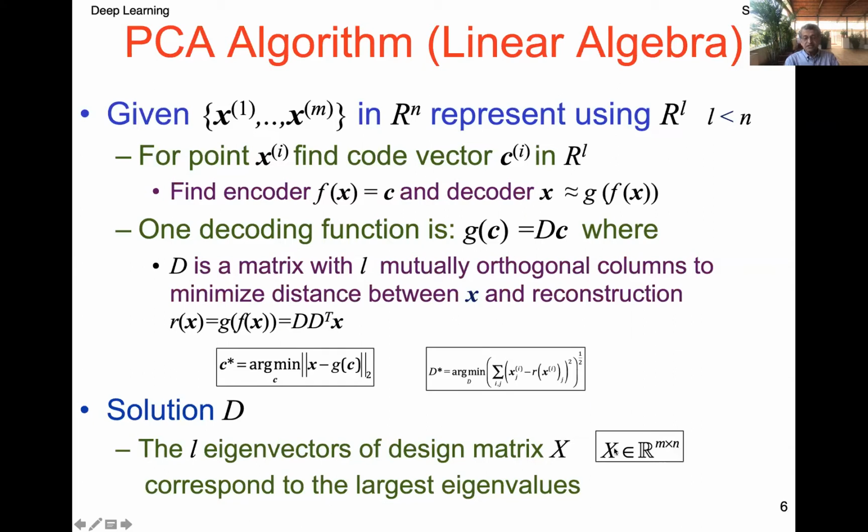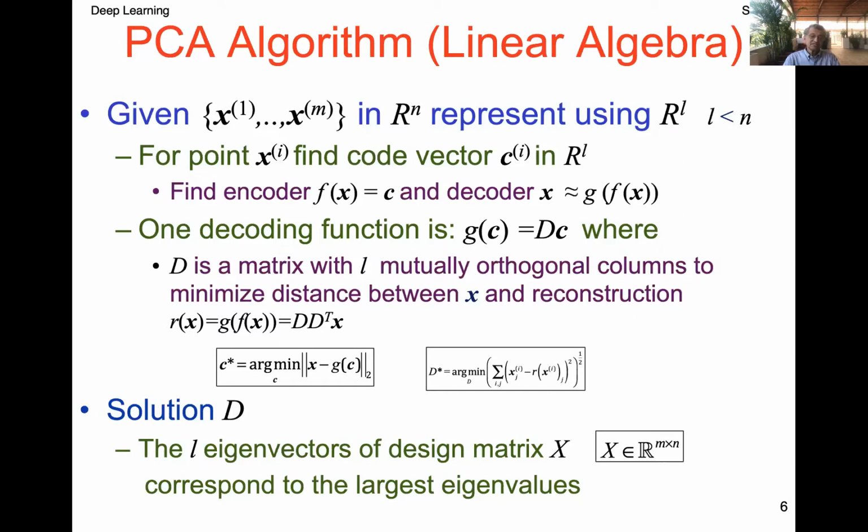So it says you take the design matrix whose rows correspond to the data, columns correspond to the values, the features. And we say we compute the L eigenvectors of the design matrix corresponding to the largest L eigenvalues. So, that's all it is.